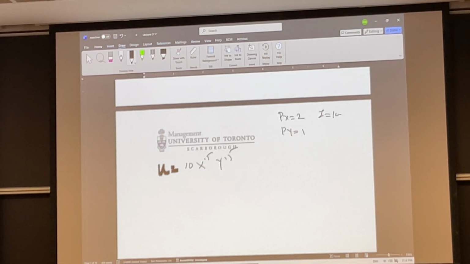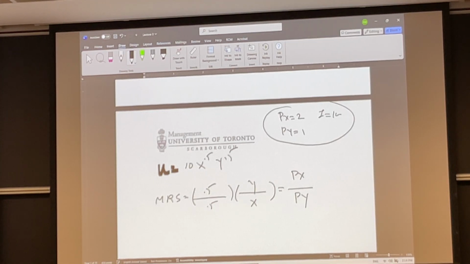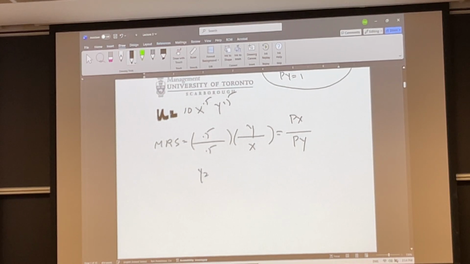Alright, so ignore those. Generalize. Put MRS. That's your MRS, equal to the price ratio, but don't plug in those numbers. Put notation. That will give you Y equal to PX over PY times X. It's the same thing we did before, but I'm not going to put the numbers in it.